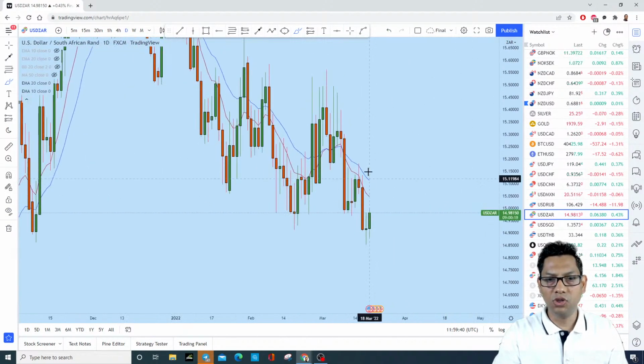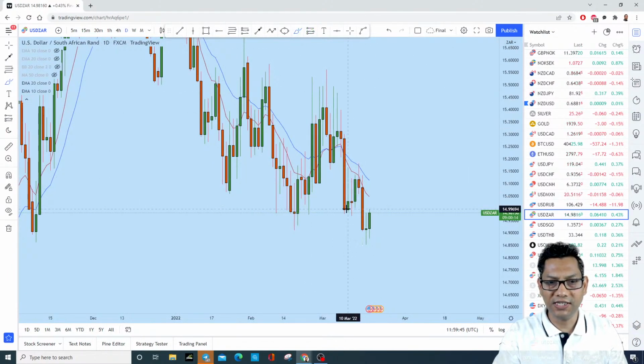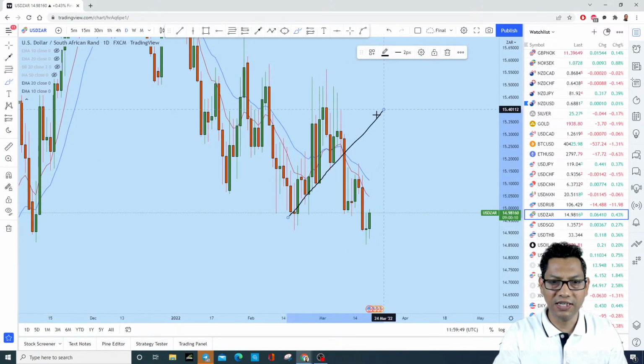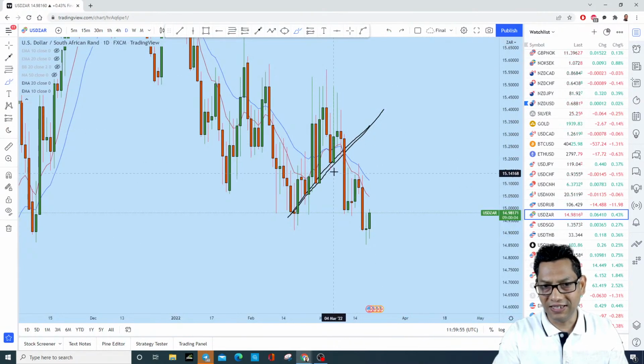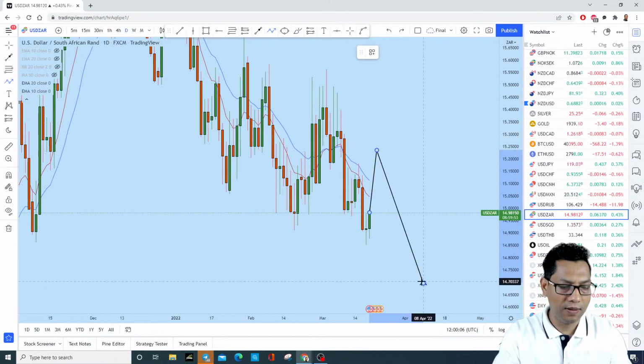Now daily, if you remember in my weekly forex forecast, what did I say on the USD ZAR? That basically it will test this daily support as a resistance and will drop from here, and it didn't go exactly there. That's why what is likely to happen in USD ZAR is that it is likely to go up again, test this one properly, and then come down.